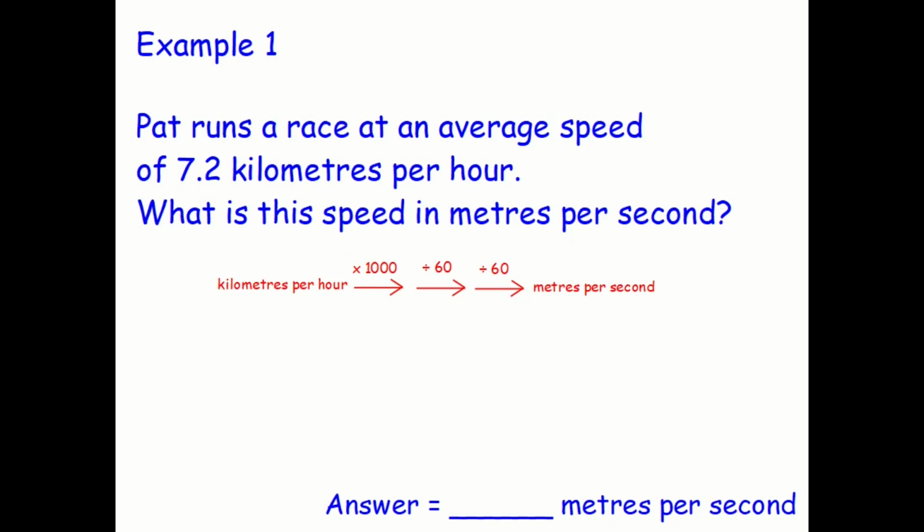So if I'm asked to go from 7.2 kilometres per hour to metres per second, I literally just need to do 7.2 multiplied by 1,000, divide by 60, and divide by 60 again, and put that into your calculator.